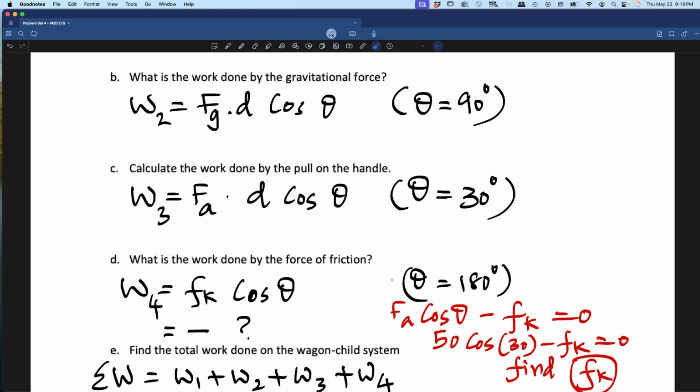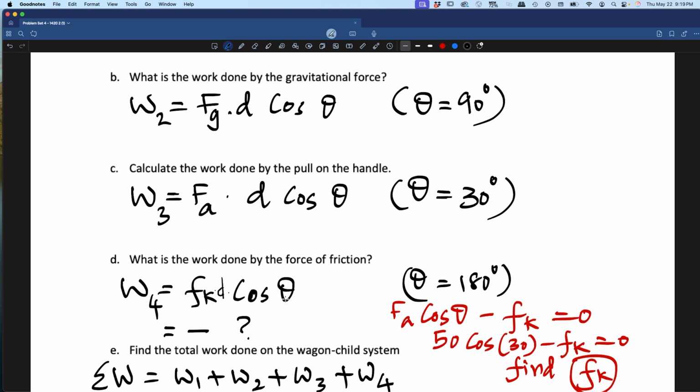Once you get friction, plug it in here, and then cosine of the angle. Now what's the angle? It's 180 degrees. Why is it 180 degrees? Because we're looking for the angle between friction and this, right? Oh, I forgot to put d here. It should be friction times d times cosine theta.